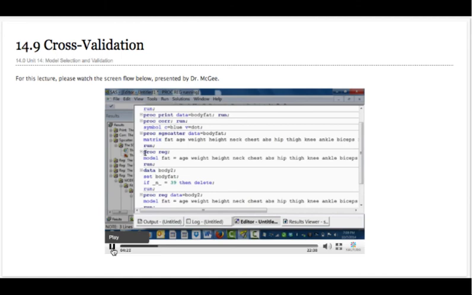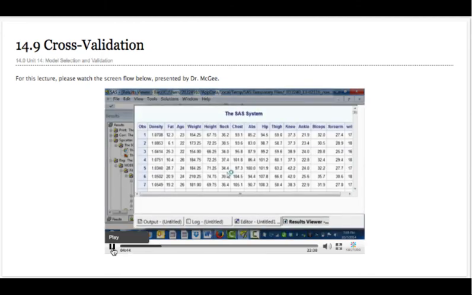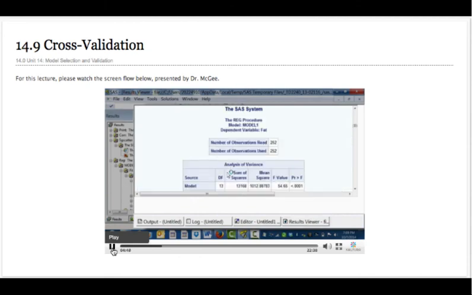Next I have a proc reg where I'm just going to take body fat and throw everything into the model. That's what I've done with this one, I believe. And notice I got some VIFs and some statistics, so that we'll be able to determine whether or not we have a lot of correlation in the model.